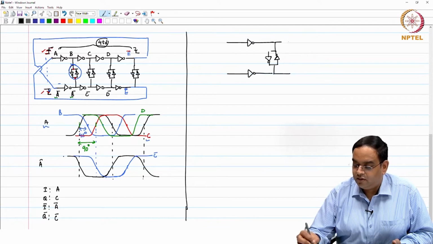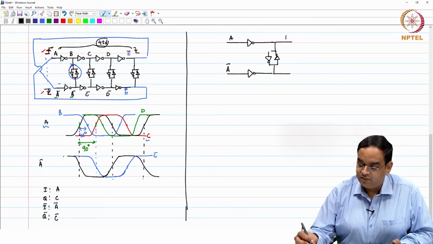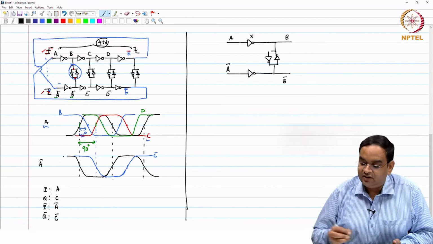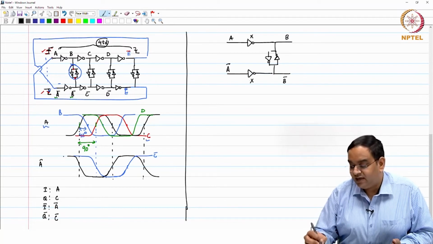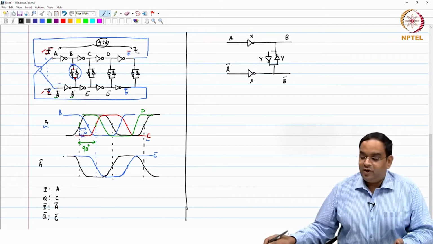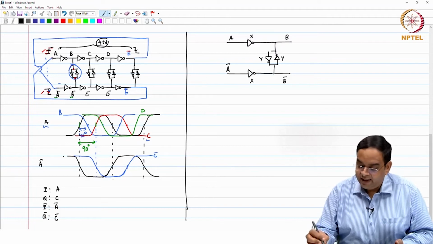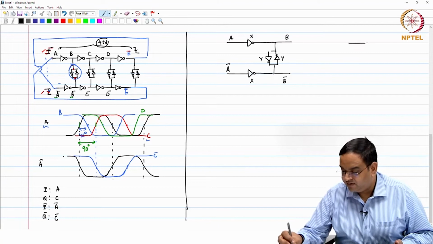Here, these nodes which we are using are A bar, and this is B and B bar. Okay. I will say that the dimension size of this inverter is X, let us say, and this inverter is Y. One problem while using this cross coupled inverter is the following, and here, by the way, all the inverters are connected to the same VDD.